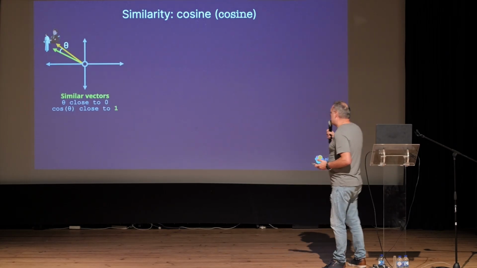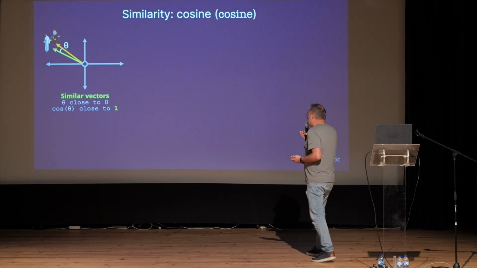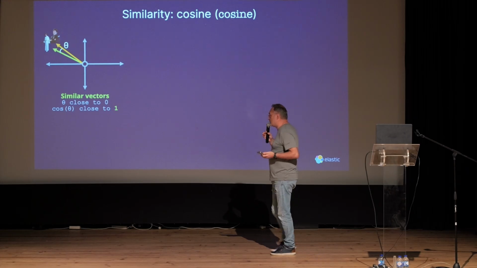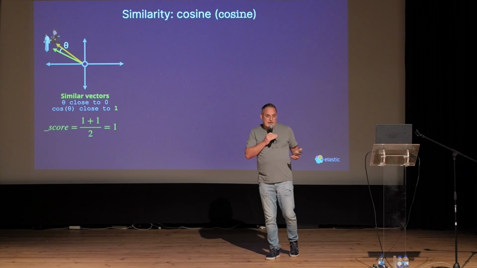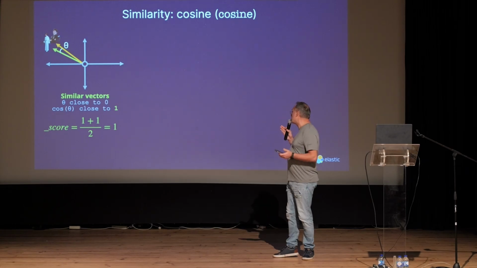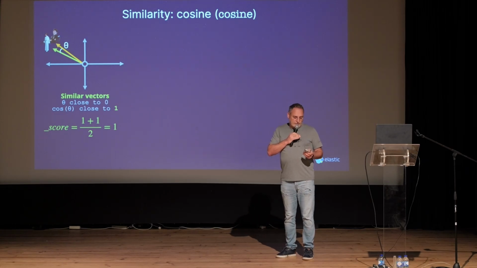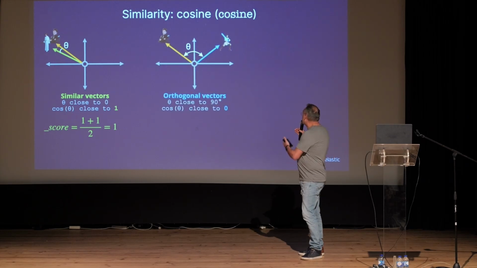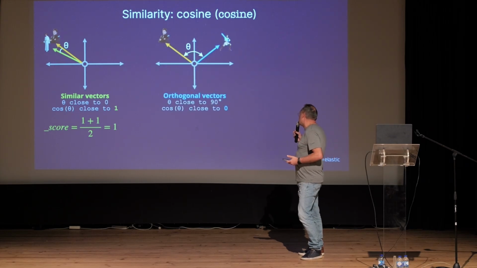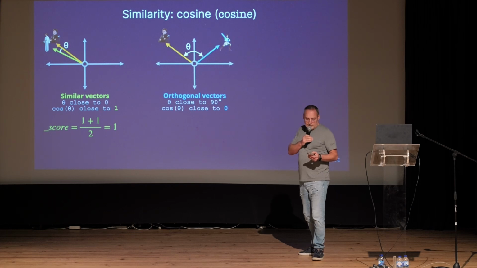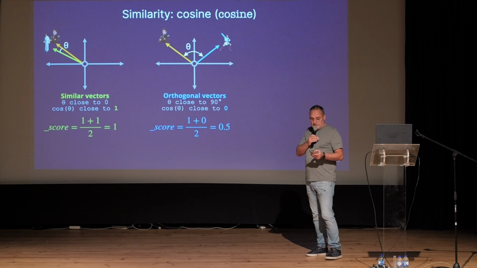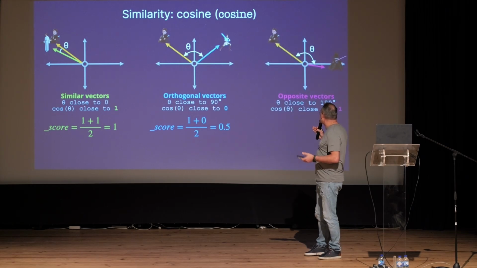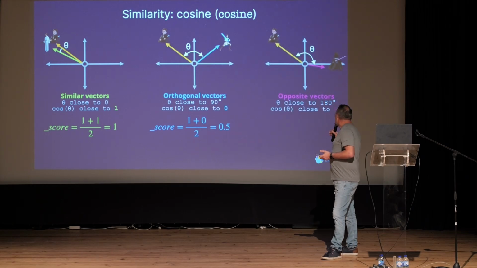So why did you do that? Because for similar vectors, where you have an angle which is close to 0, the cosine is close to 1. 1 plus 1 divided by 2 is close to 1. If you have orthogonal vectors, which is the case of Obi-Wan Kenobi, then the cosine is close to 0. 0 plus 1 divided by 2 equals 0.5. And then if you have opposite vectors, which is the case for Darth Vader, then the cosine is close to -1.